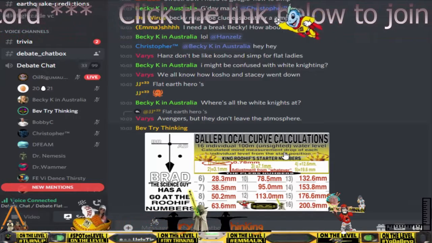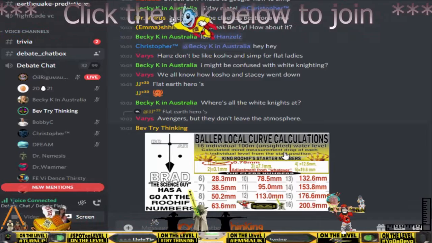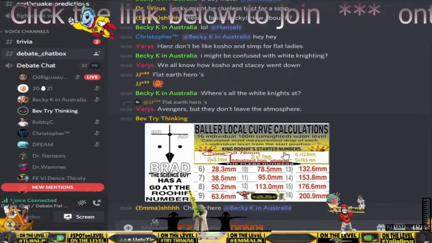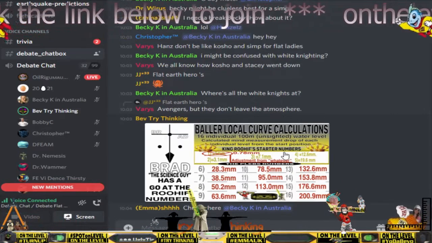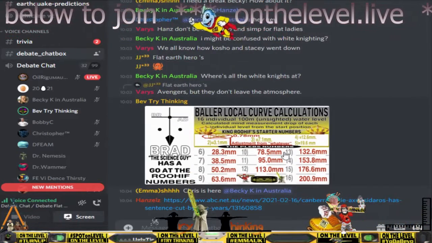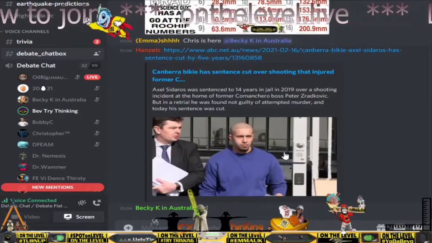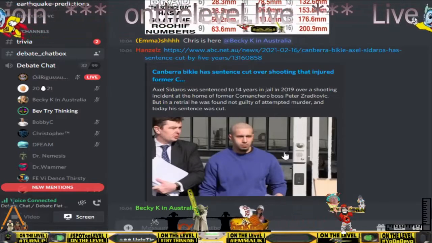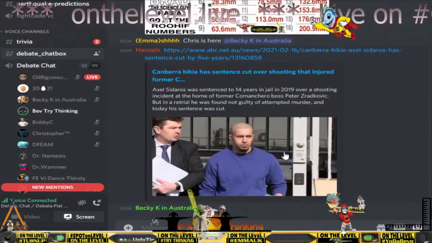No, they were individual 100-meter water levels placed end to end, 1,600 meters. 1,609 meters is a mile. So that's a mile's worth of 100-meter water levels placed end to end.